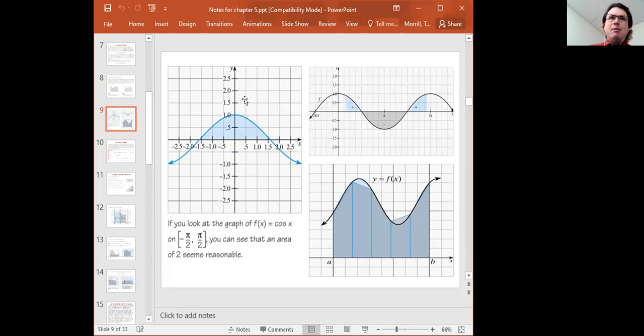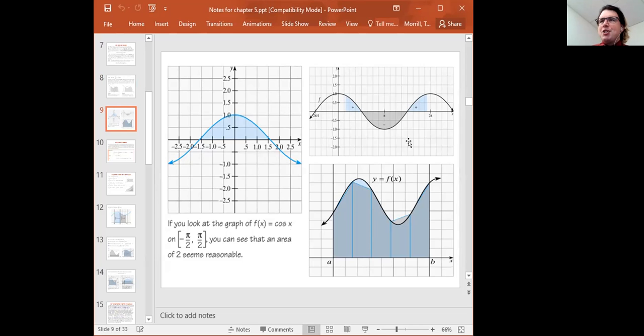So I have some function, I have some area between the graph of that function and the x-axis, with the technicality that area above the x-axis will count positively and area below the x-axis will count negatively.